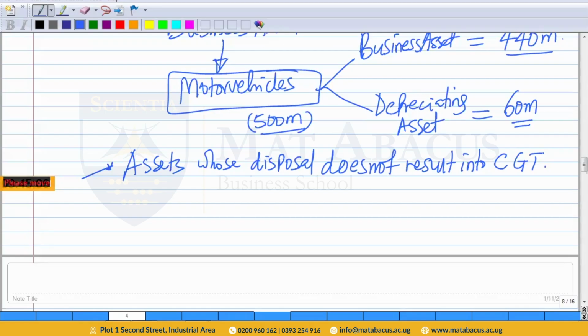When you transfer assets between spouses, no disposal, no gain is recognized, and therefore no tax is paid. If you transfer assets between former spouses as a way of divorce, no tax. If you invest the proceeds of an asset in a similar kind within a period of 1 year, no tax is paid. We shall look at all that and how you determine it. All that will be in our detailed classes.